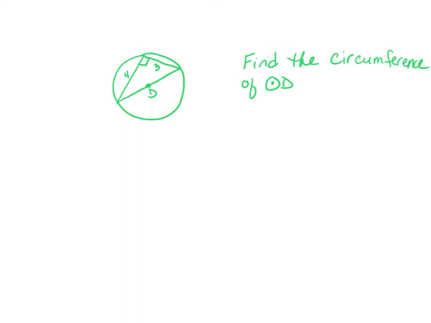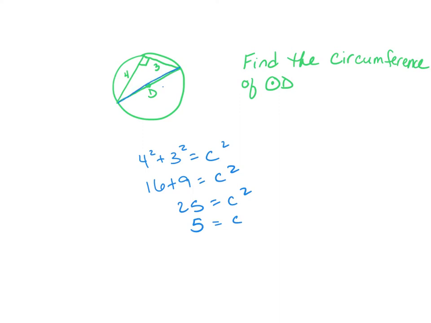Pythagorean theorem. Very good. You do 4 squared plus 3 squared equals c squared. That's 16 plus 9 equals c squared. 25 equals c squared. C equals the square root of 25, which is 5. So this side here is 5.